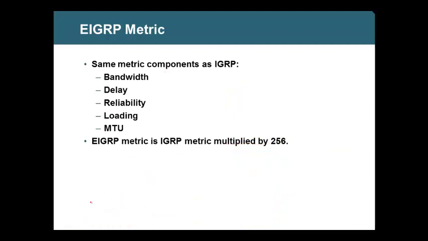We no need to do any redistribution between these two protocols. They are by default compatible because both use basically the same algorithm. The differences are that IGRP is classful and 24-bit, whereas EIGRP is classless plus 32-bit.